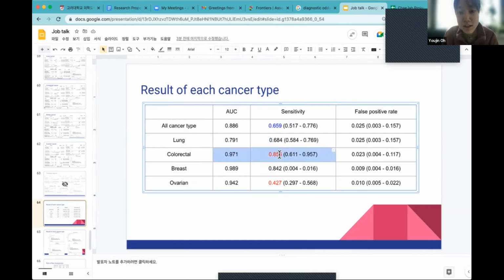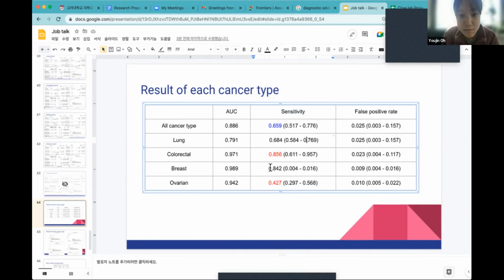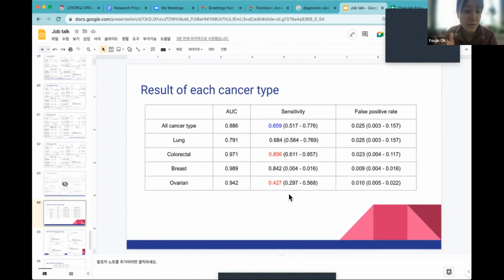Like colorectal, I think colorectal excelled in terms of sensitivity. And ovarian looks not to be doing well in terms of sensitivity, and lung cancers are decent. But still, I need some more study to appropriately interpret and write these results up.